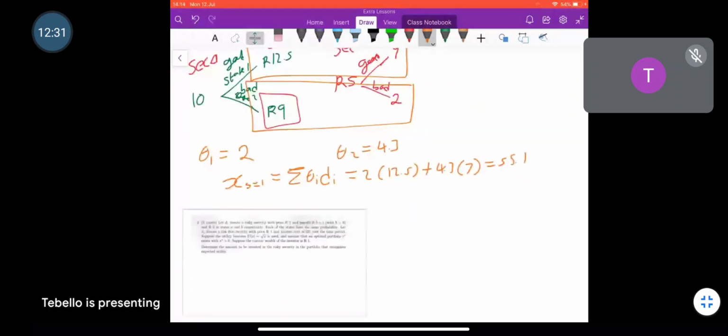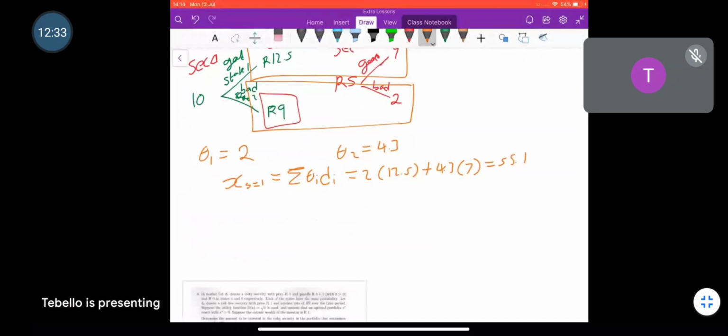And then if state 2 happens, you have bought 2 of security 1, which pays 9 at state 2, plus you have bought 4.3 times 2.